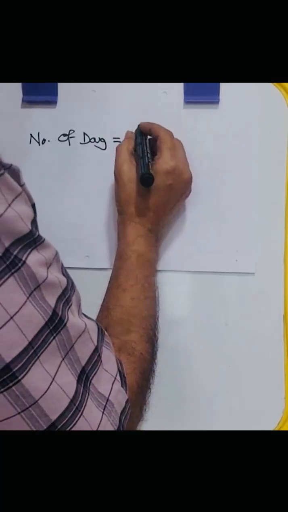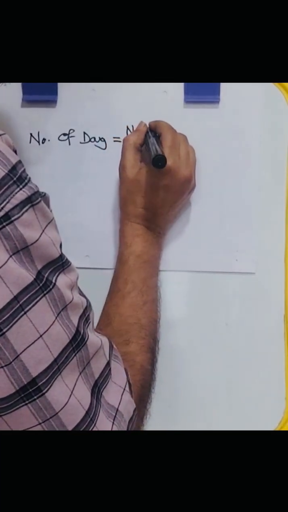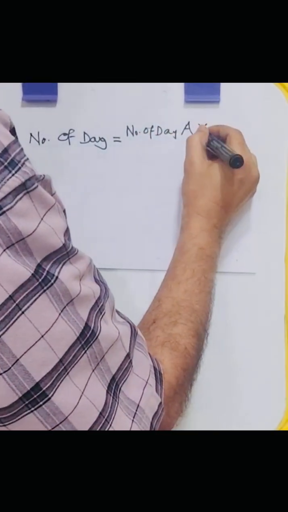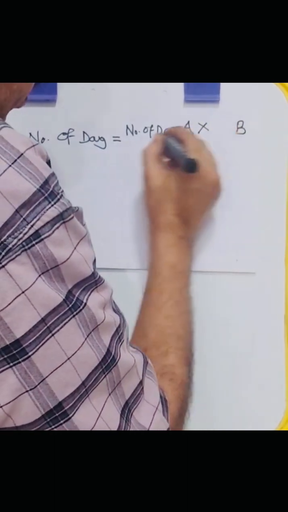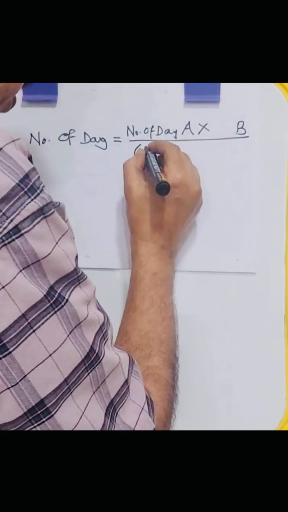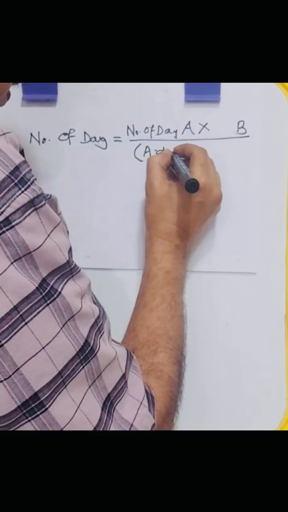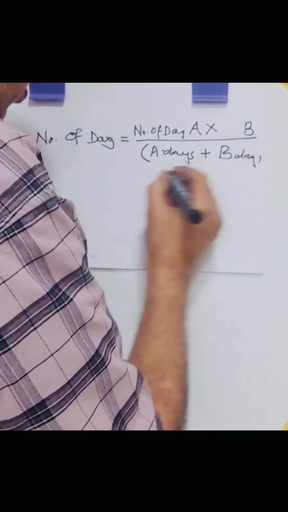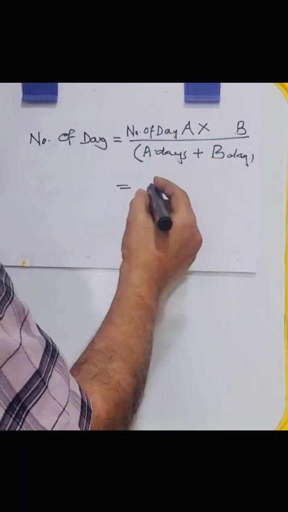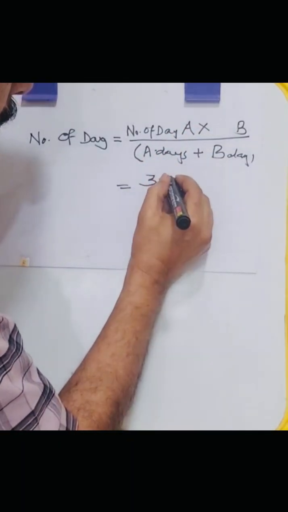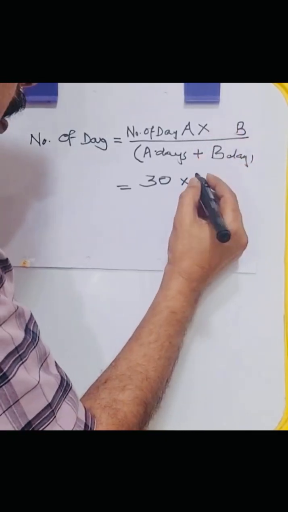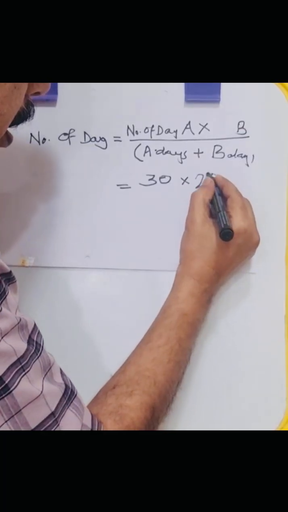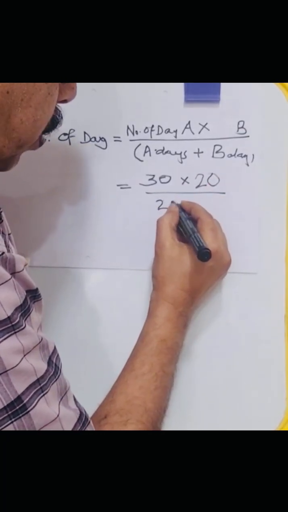The number of days is equal to the number of days taken by A multiplied by the number of days by B, divided by the days of A plus B. That means, sorry, 20 is for A and 30 is for B: 30 multiplied by 20, divided by 20 plus 30.